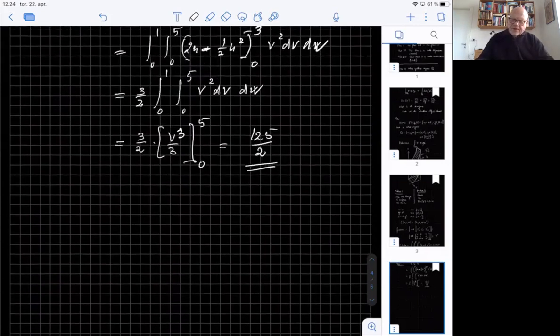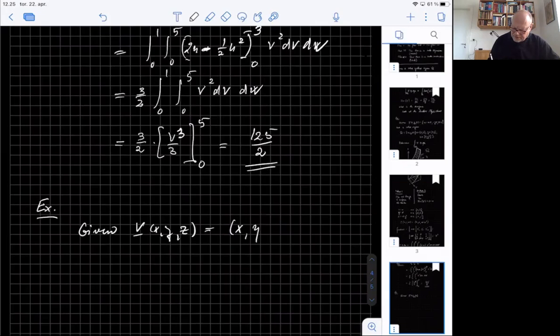I end up with another example, showing a special version of the Gauss theorem. Now we are given V of x, y, z, this vector field x, y, z, which is normally called the explosion vector field.